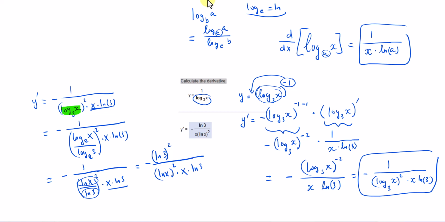Because you are dividing by another fraction, that is the same as multiplying by the reciprocal of that. So ln of 3 is flipping up here, and make sure you carry the square outside together with that.